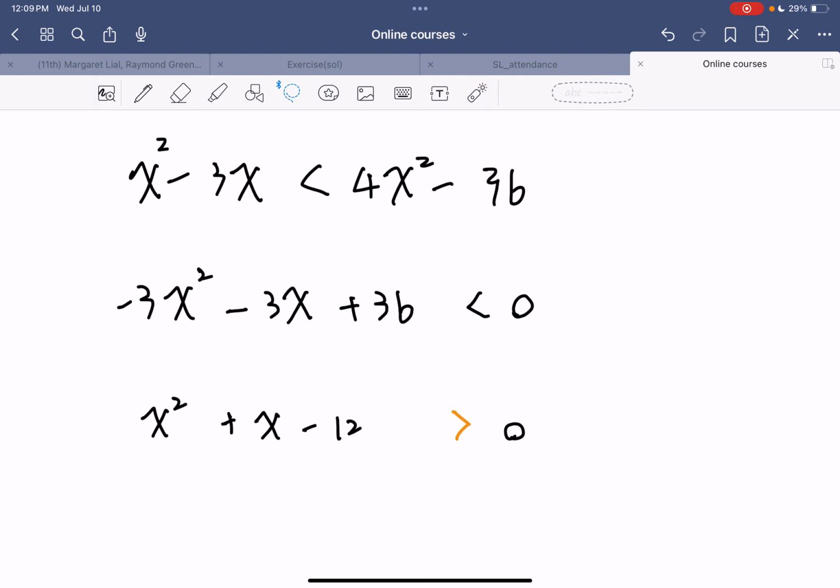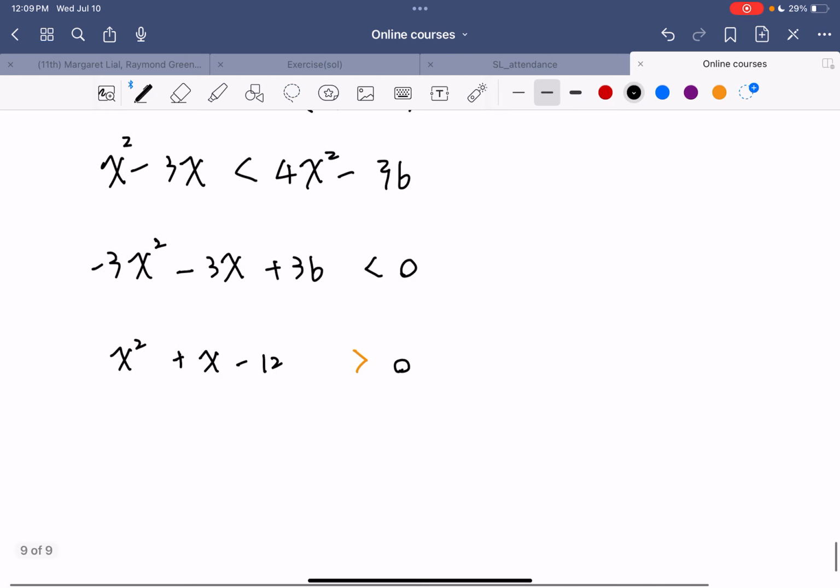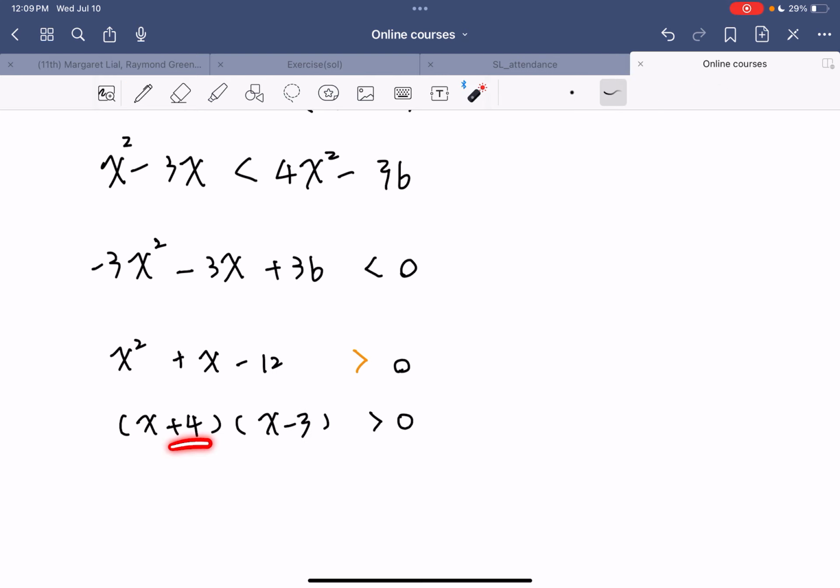Yeah, we got this. And then we're going to change this into two bracket form so we can find the points. Here we got x plus 4 and x minus 3. These two times each other will give us -12, and the sum of them is +1. Okay, so we can tell from here x could be -4 or 3.